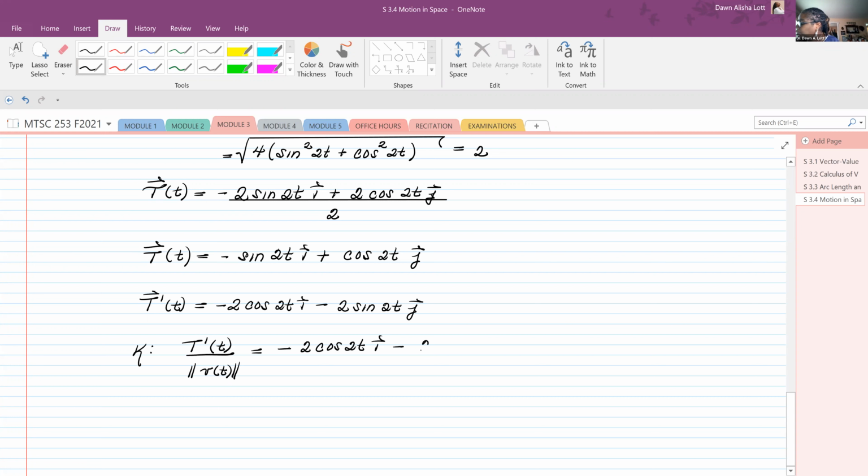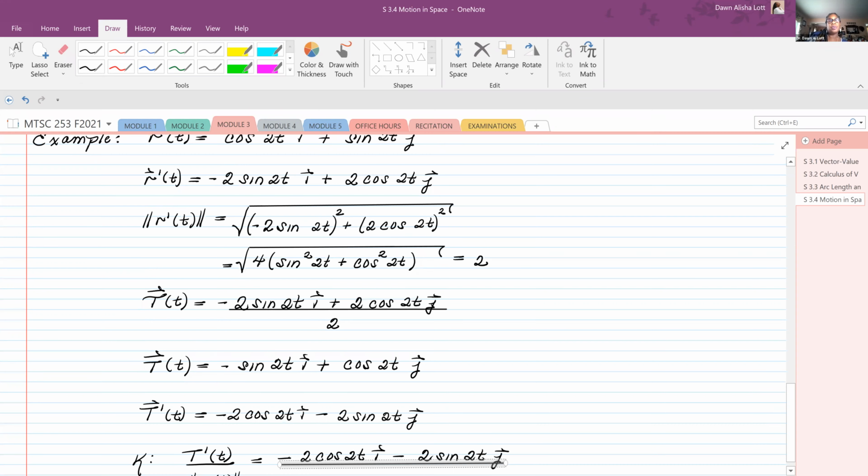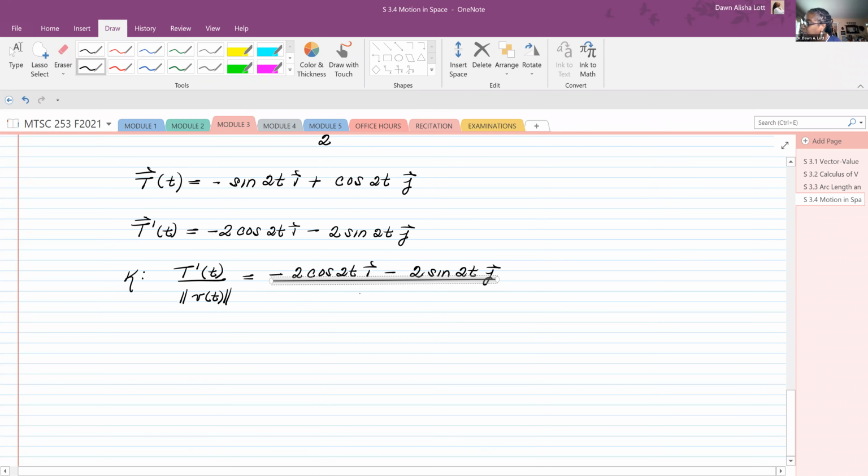So T prime of t is negative 2 cosine of 2t i minus 2 sine of 2t j, and then I'm dividing by the length of v, which was 2. So I'm dividing by 2 again.